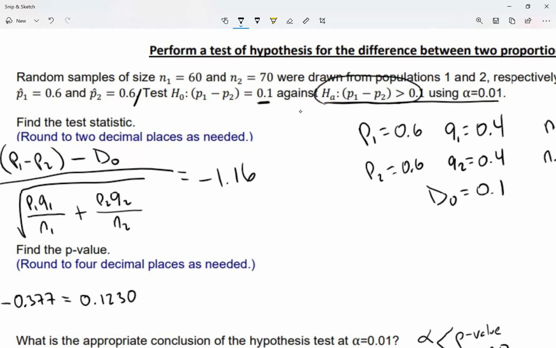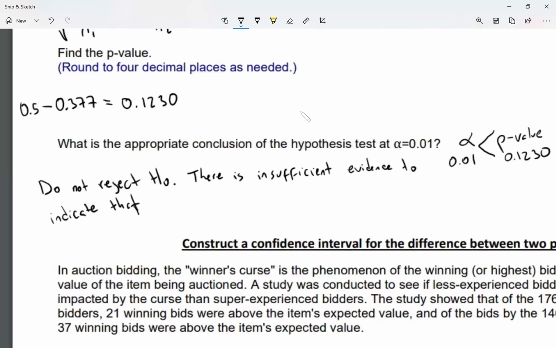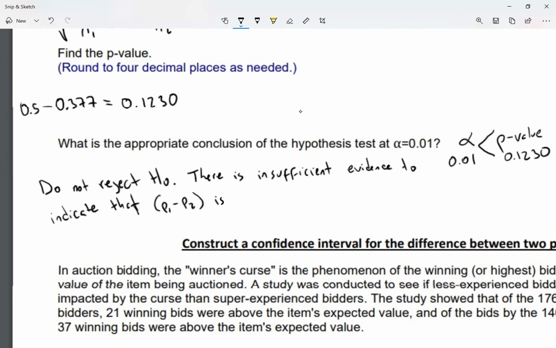That's what I was checking. So that is what I'm going to finish here: to indicate that p1 minus p2 is greater than 0.1.